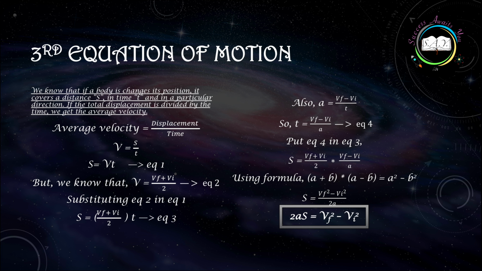Since 2a is dividing on the right-hand side, we will send it to the left, where it will then multiply to s. The final equation becomes 2as equals vf square minus vi square. This is the required third equation of motion.